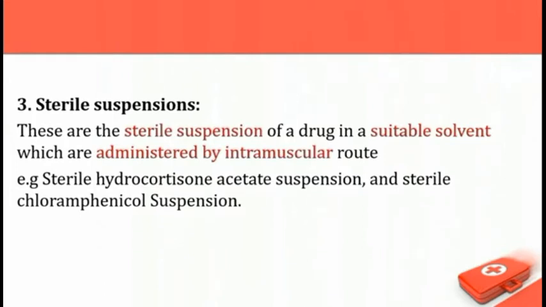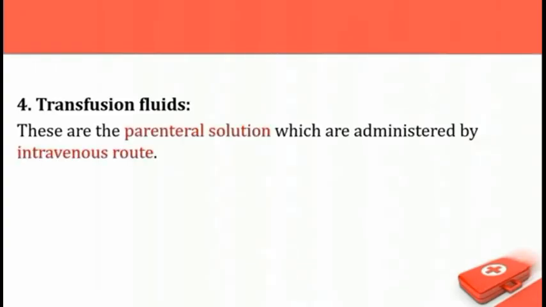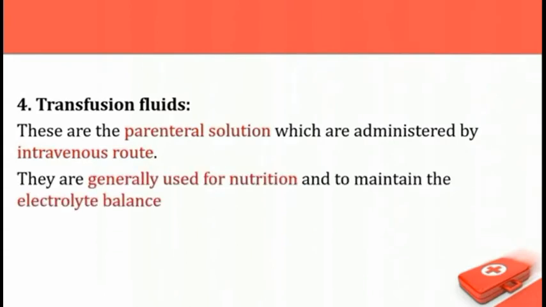So the next one is intrathecal. In the intrathecal route of administration, the injection is injected into the spinal cord, and the volume is less than 20 ml. Intrathecal injections are for spinal anesthetics and antibiotics.